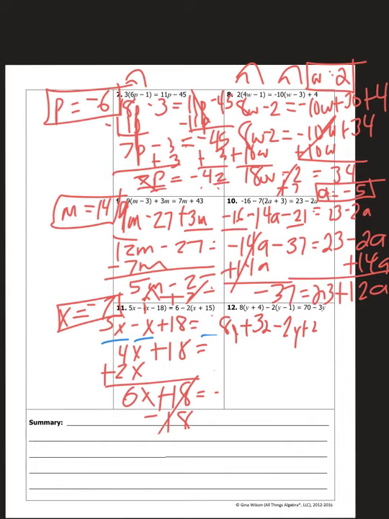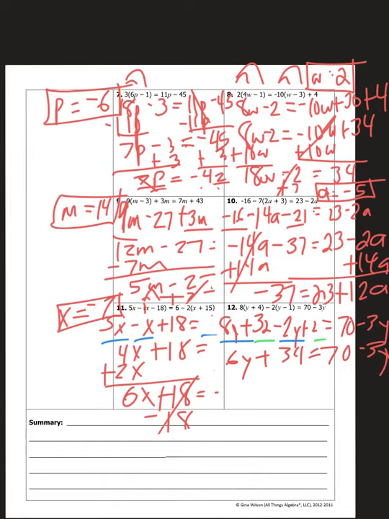Negative 2 times the negative 1 is positive 2. Equals 70 minus 3y. Combine like terms. 8y minus 2y and 32 plus 2. Okay. 8y minus 2y is 6y. 32 plus 2 is 34 equals 70 minus 3y.